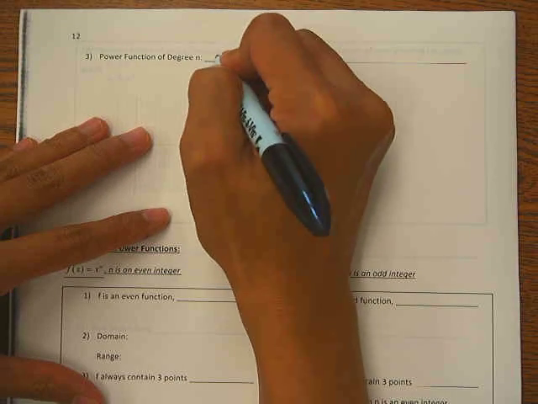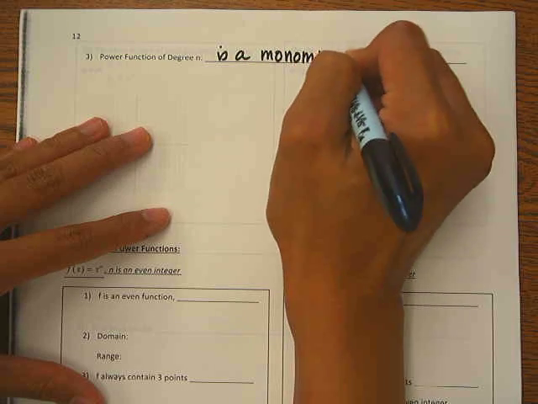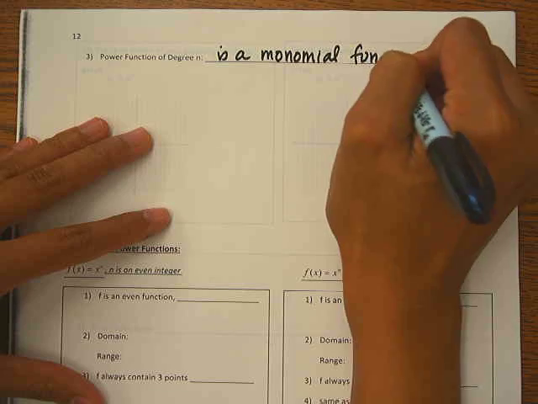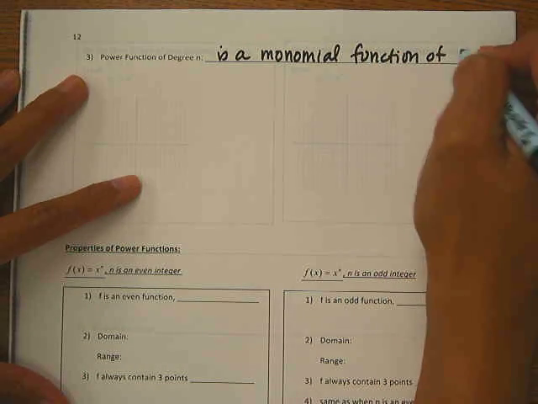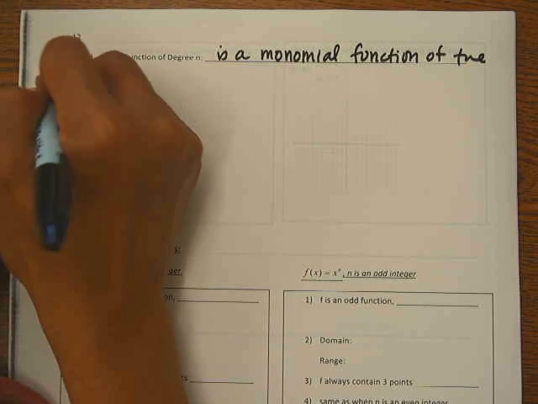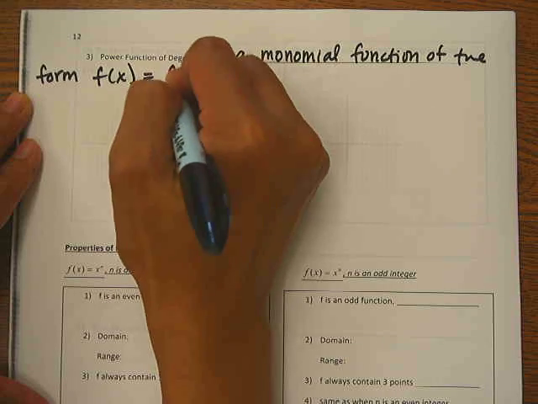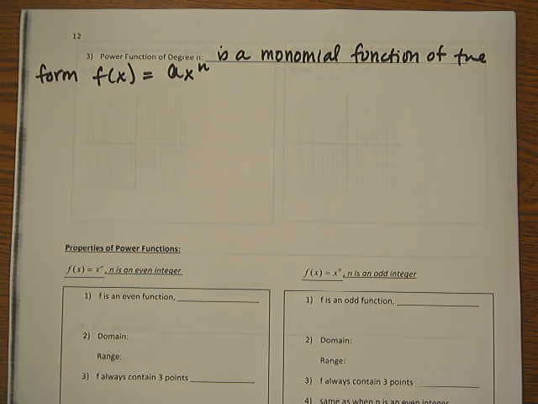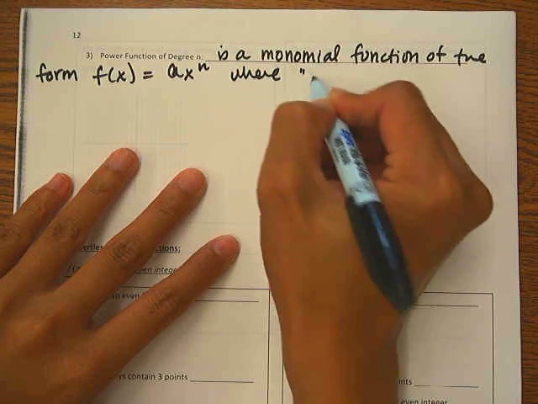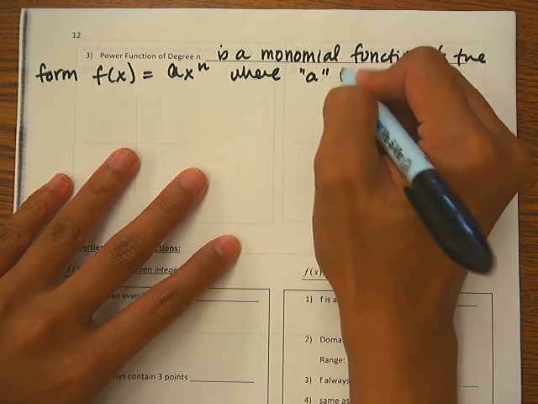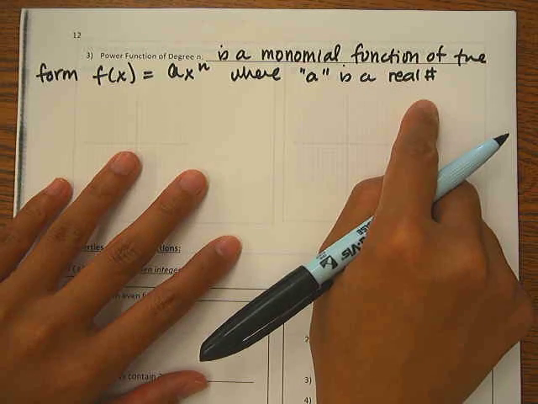So a power function of degree n is a monomial function of the form f of x equals a times x to the power of n, okay, where your a term, it's a real number, just like the definition of a polynomial.